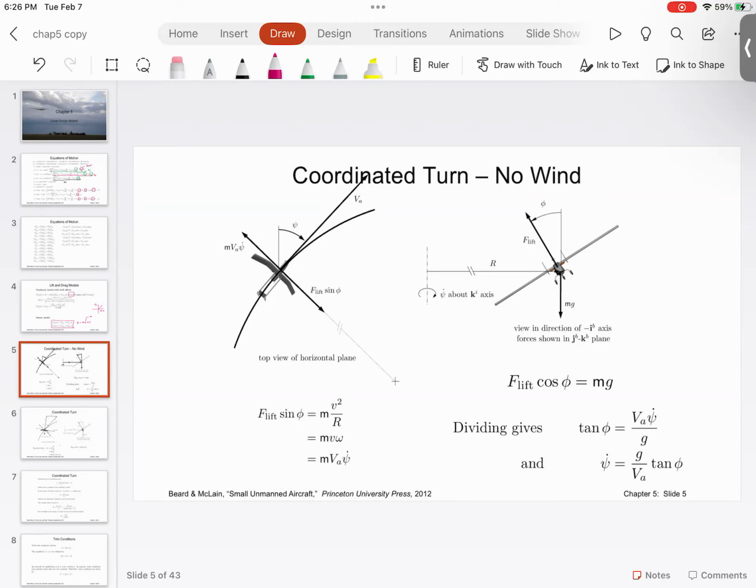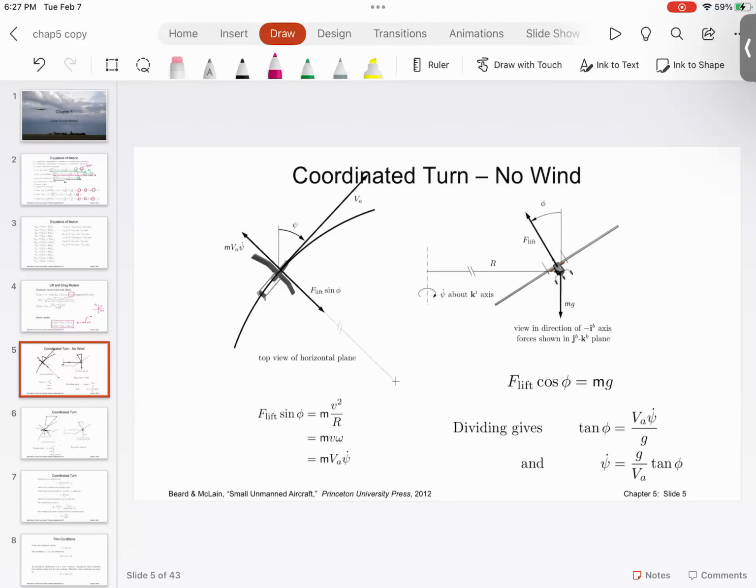Aircraft cannot go like this. If the aircraft has to yaw, it is going to roll. So as you can see on the left hand side, you see an aircraft which is yawing or which is turning. But because the aircraft is turning, you can see that it's rolling. As the aircraft is turning, it is rolling.